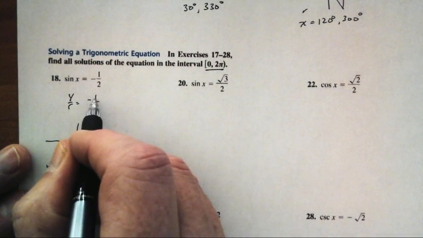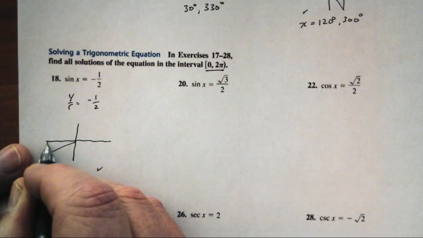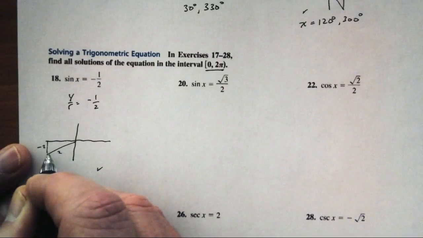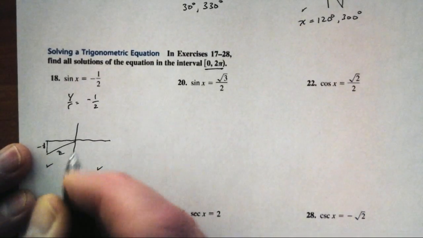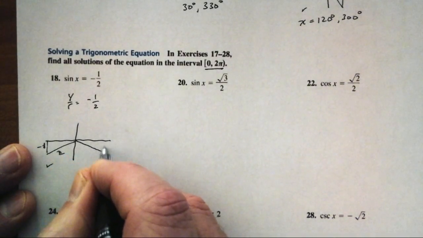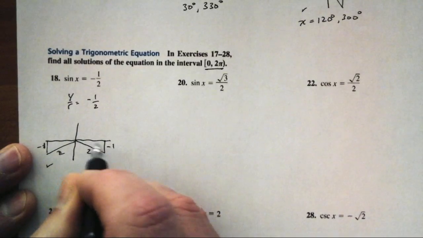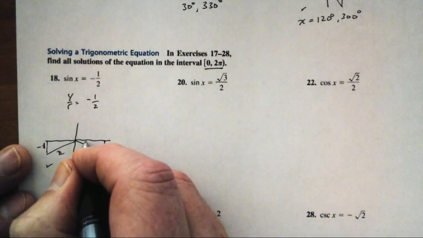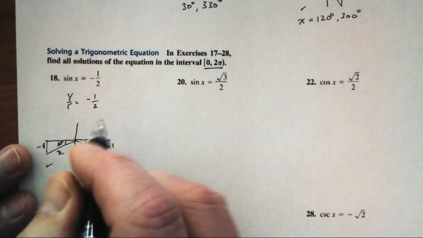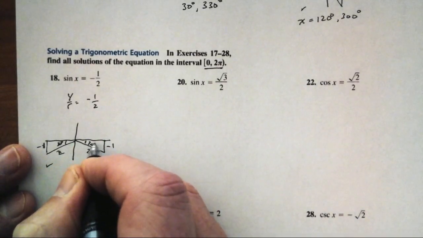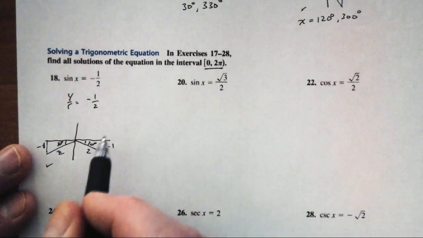So short y value, so maybe something like this, -1 and 2, y to r, 30, 30. But those are degrees, so we have to be talking in radians first, and we can only go forward.